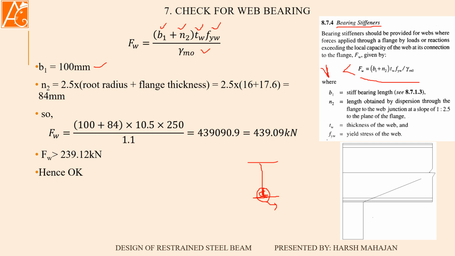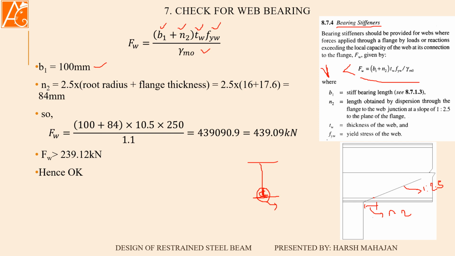Now N2. You see in this diagram, this is a slope of 1 is to 2.5. This much length is N2. What it is saying is the length obtained by dispersion through the flange to the web junction.